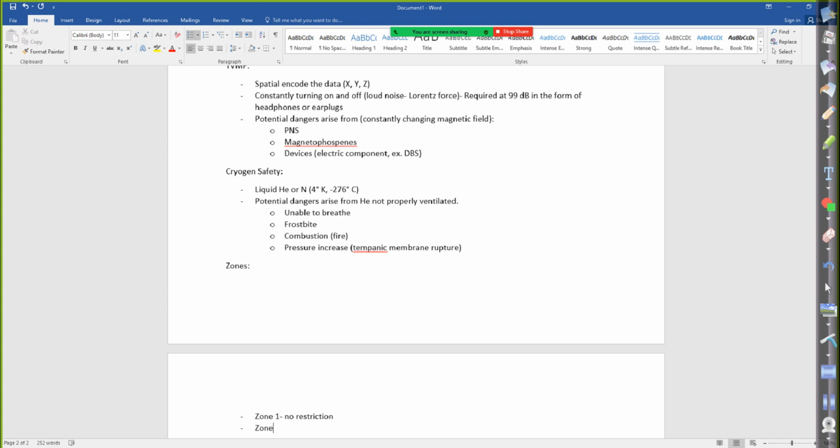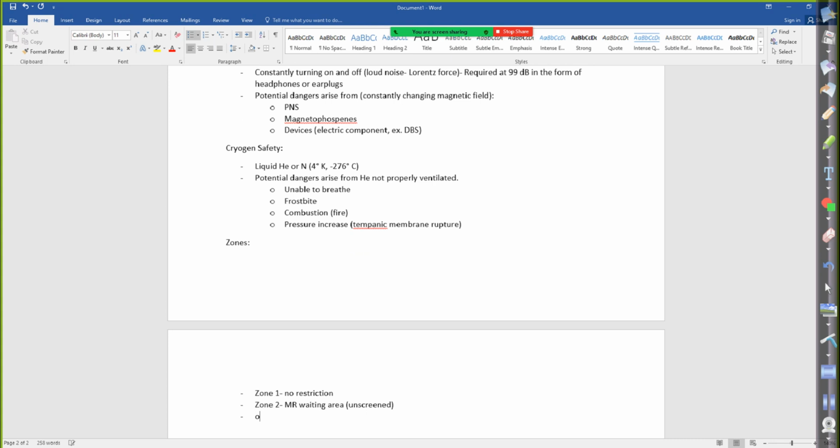What's that considered? MR waiting area. Are they screened at this point? Unscreened. Zone 3. Screened.